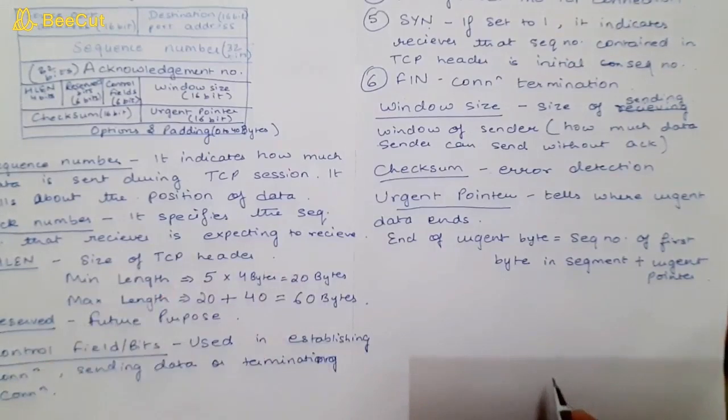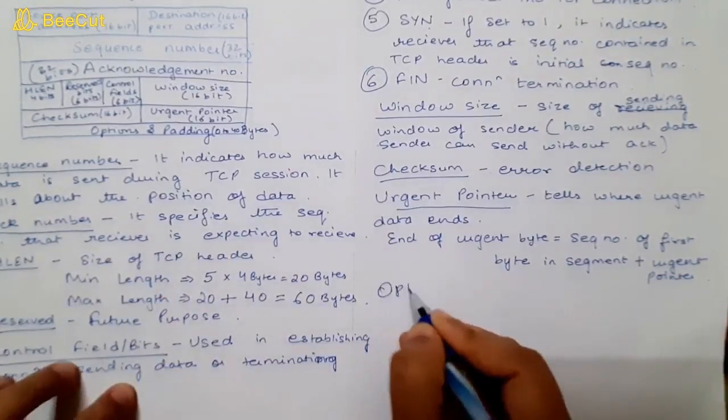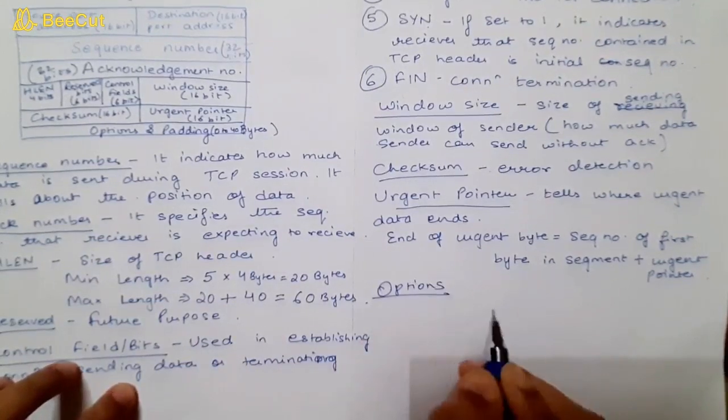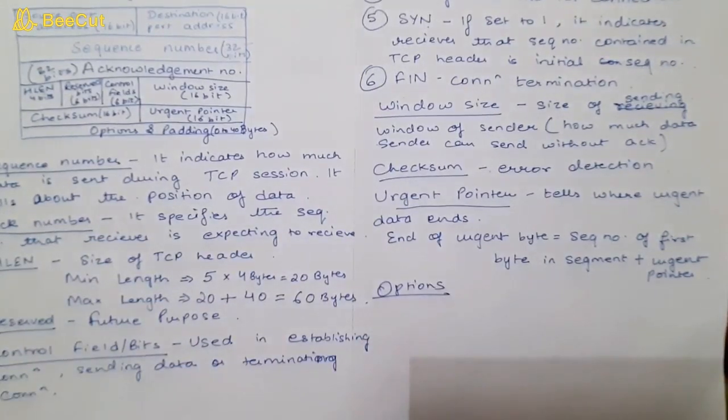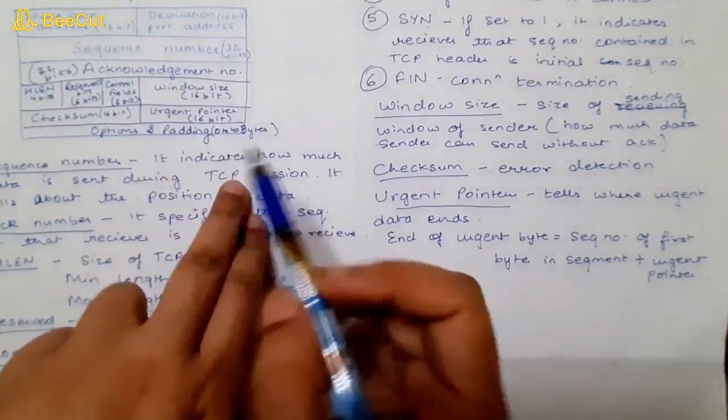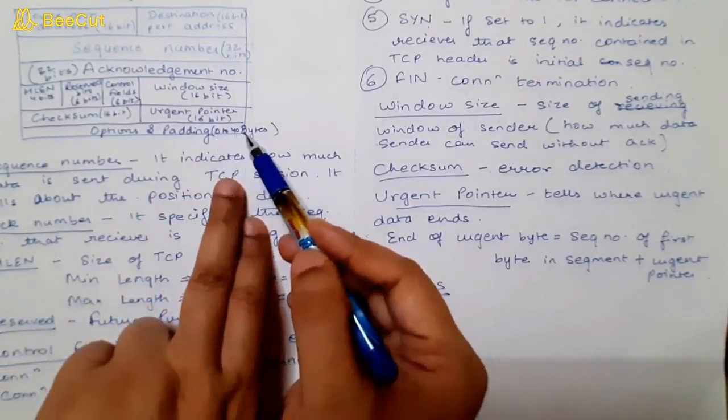Last one is options and padding. As I said, I'll write it down: options and padding. This field is not necessary. You can use it or may not use it, depending on whether you want to provide additional information to the receiver. That's why the size is written as 0 to 40 bytes.